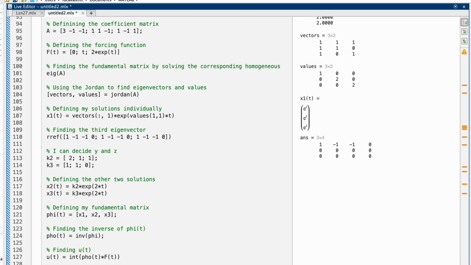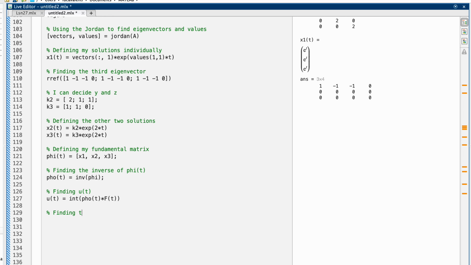And then once we have that, I'm going to find the particular solution, which is going to be just phi of t times u of t. And then I can check it, checking the particular solution.